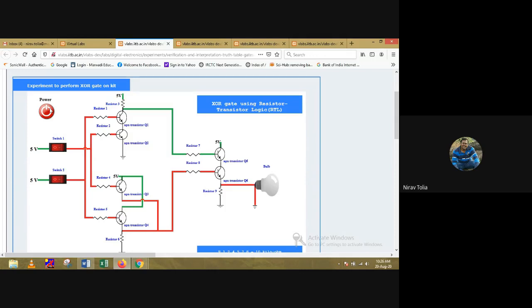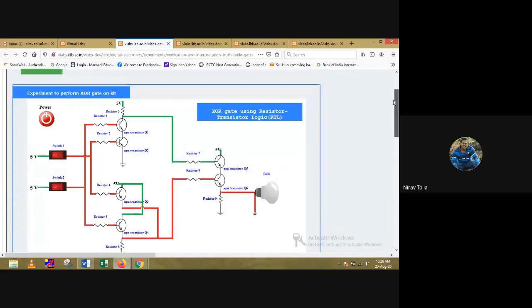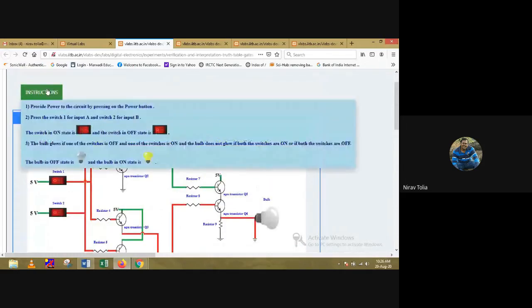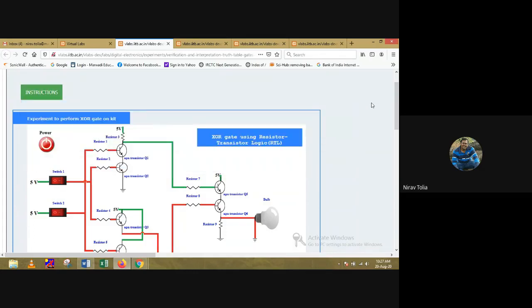You can also read the instructions: provide the power to the circuit. So we are not connecting a battery, we are giving a power switch. We press the power switch, and press switch 1 for input A, switch 2 for input B. So we have two switches, switch 1 and switch 2, and here we are giving 5 volts to the transistors. So these are the instructions.